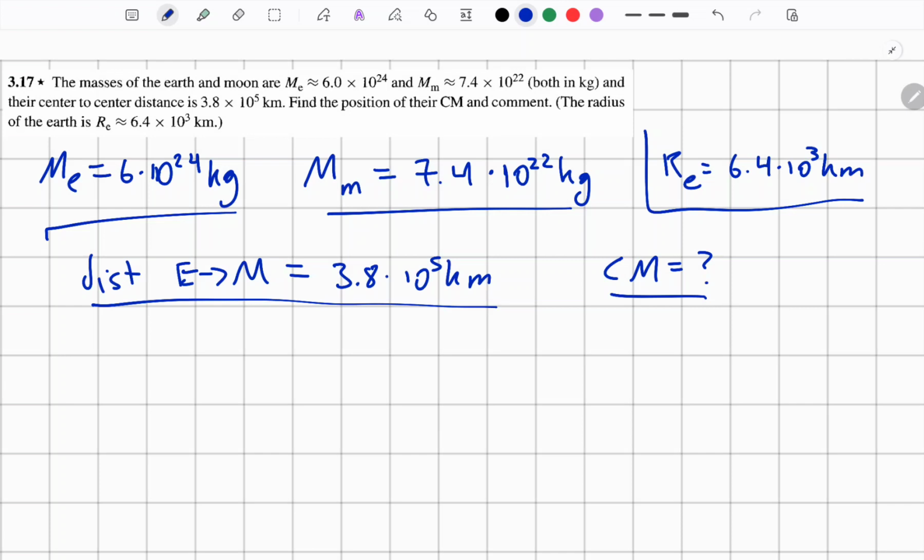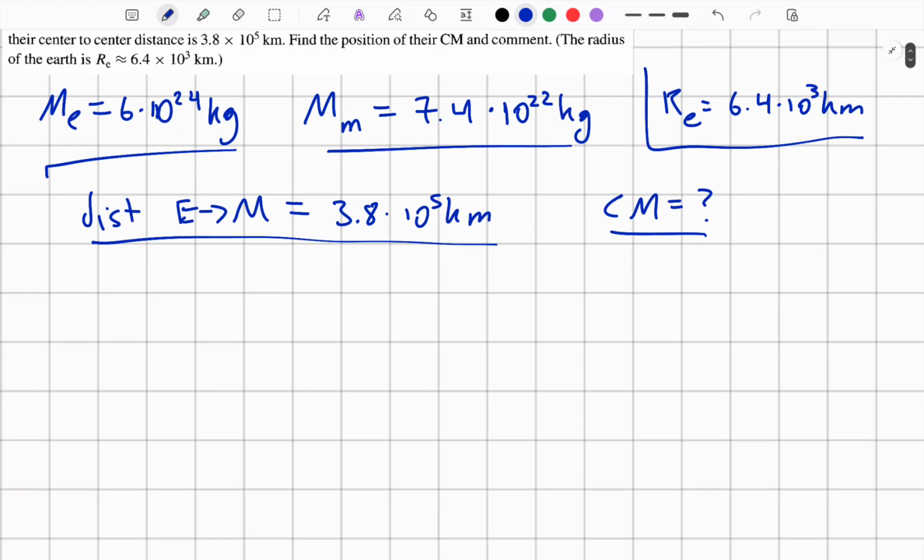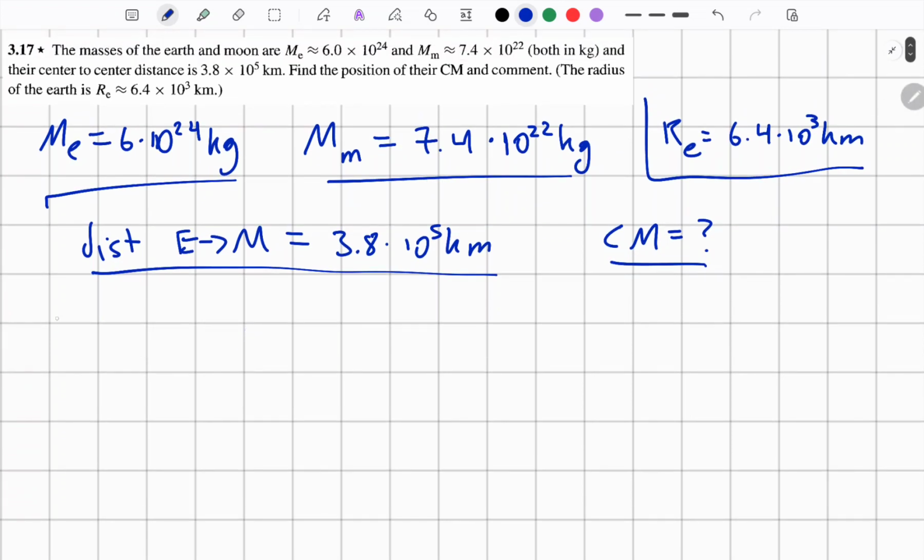All right, so we want to find the center of mass between the Earth and the Moon. To do so, we're going to want to use our formula here: 1 over the total mass times the sum.